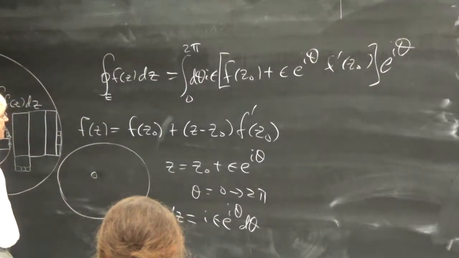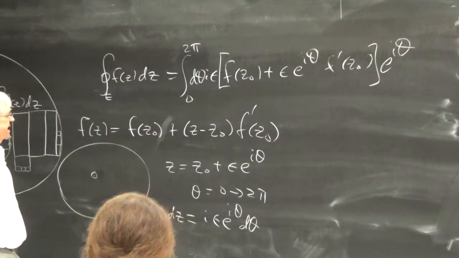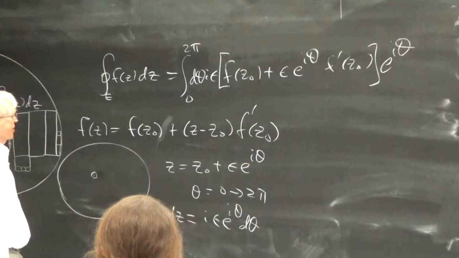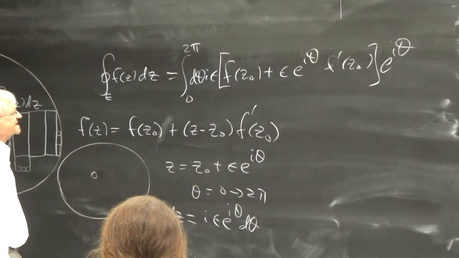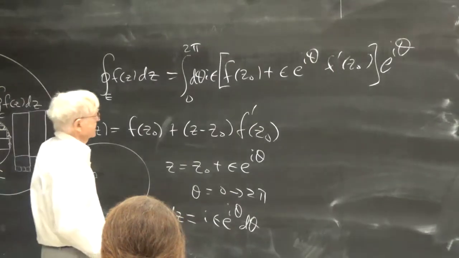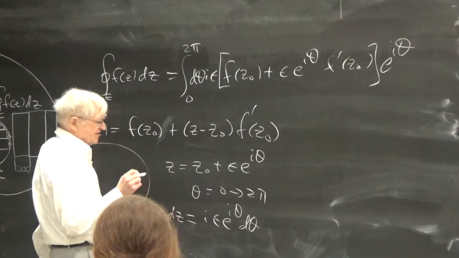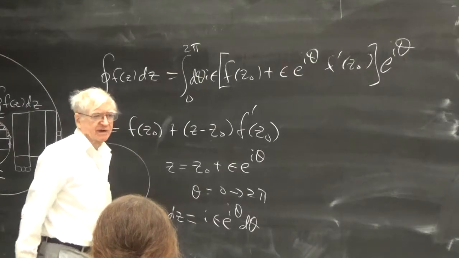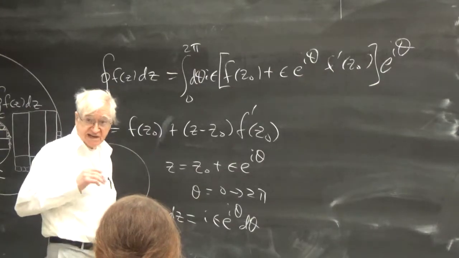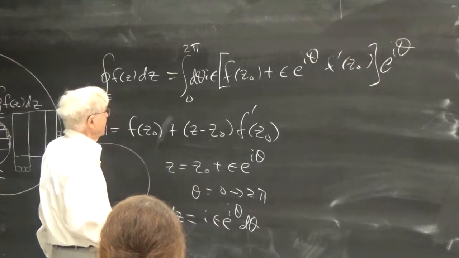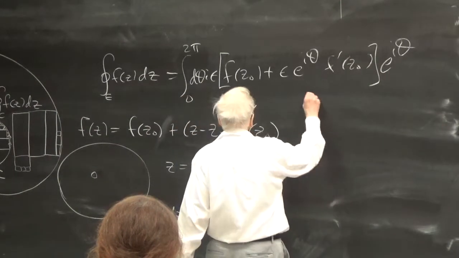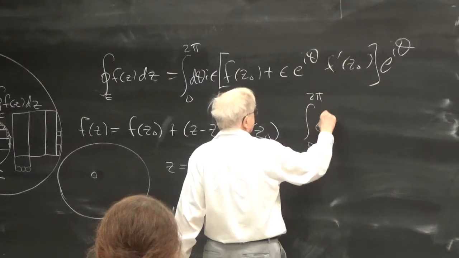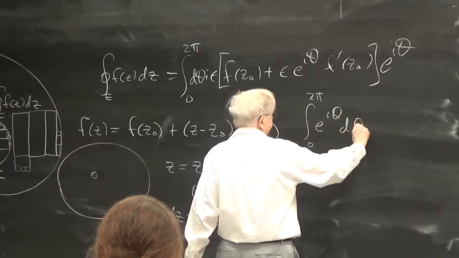And now we can't just say epsilon's very small, so the whole thing's equal to 0. That's not the point here. Instead, let's take epsilon to be finite, like 0.1 or 0.01, but we're not sending it to 0. Instead, what we've got is an integral from 0 to 2 pi of e to the i theta d theta.